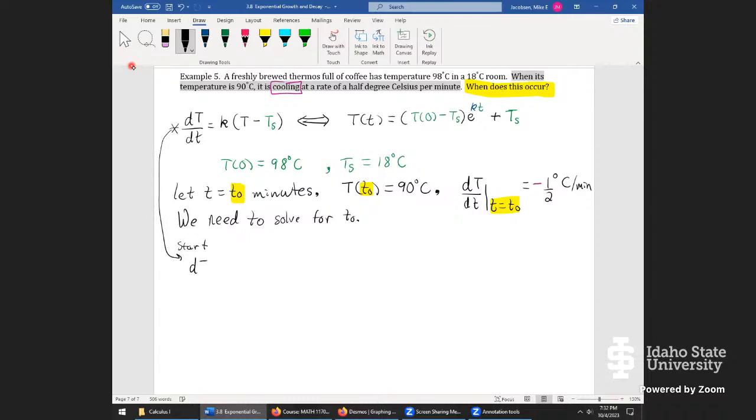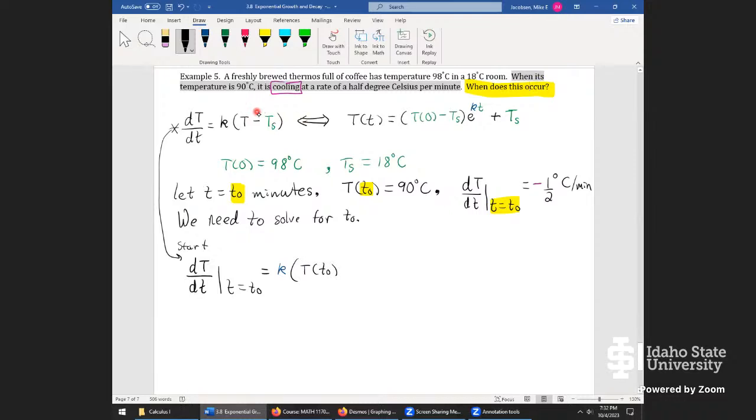We can take dT, or better said, the rate of change of temperature with respect to time. It's still going to be evaluated when the time is equal to T naught. When we do that, we're going to get our K value right here. I'm pretty much just copying the equation from above. When you write T, the input has been suppressed. But if you're passing an input T equals T naught, we would write it this way: temperature at T naught.